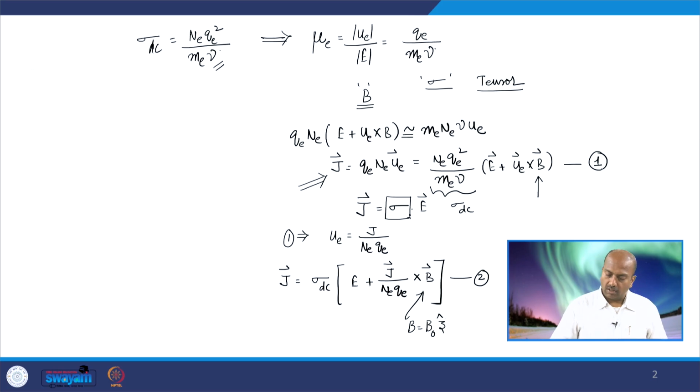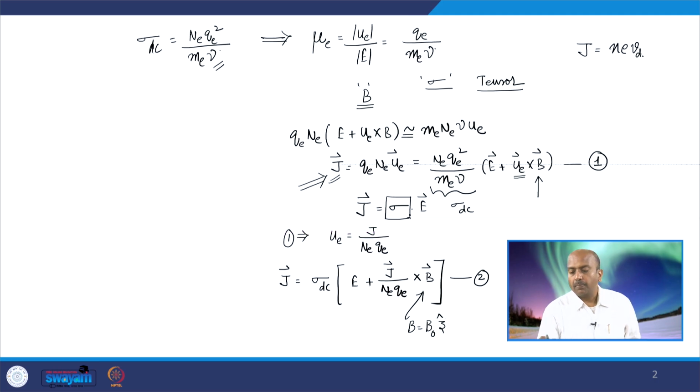We have got equation number 1, and in this term, here is the velocity. You have the conductivity appearing on the left hand side, for which the entire equation is written, right? But on the right hand side, you have the velocity. So from this simple formula of J equals n e v, we have written the velocity again in terms of the conductivity, right?